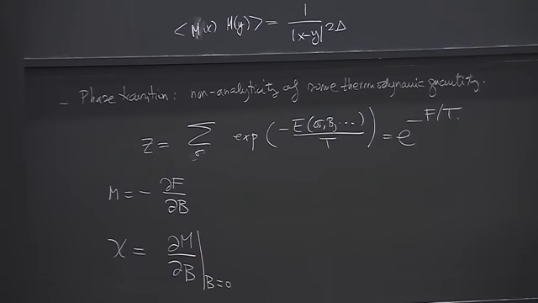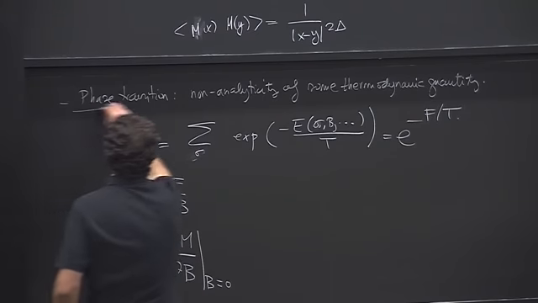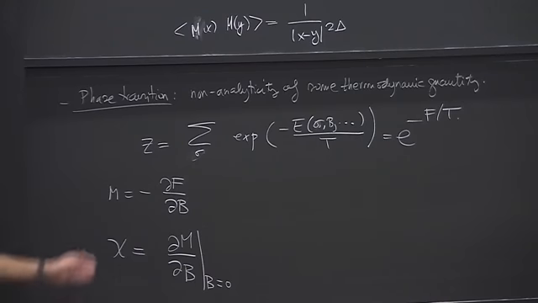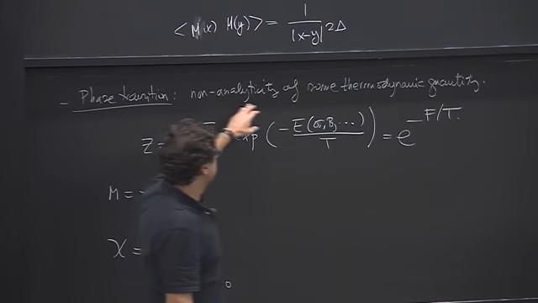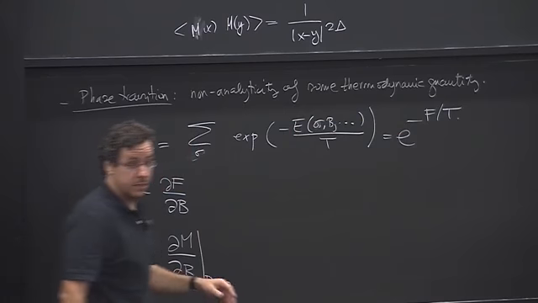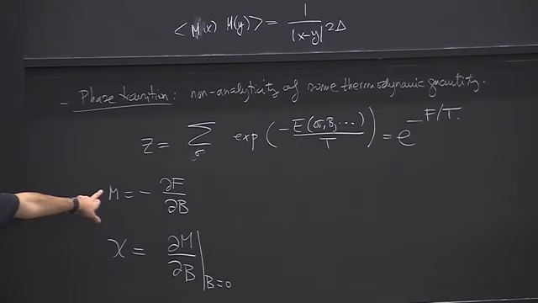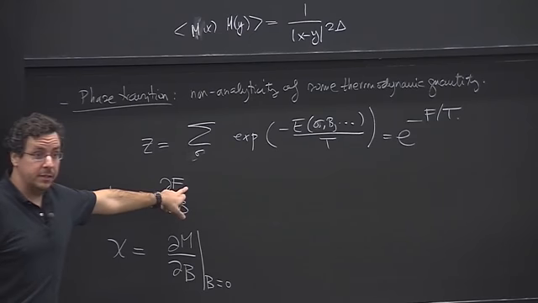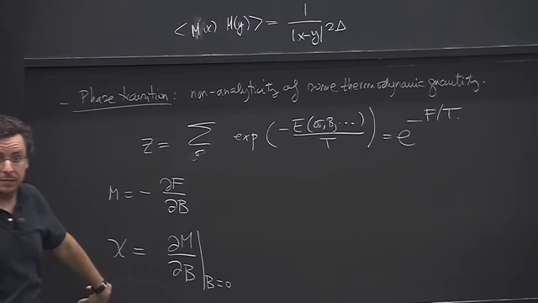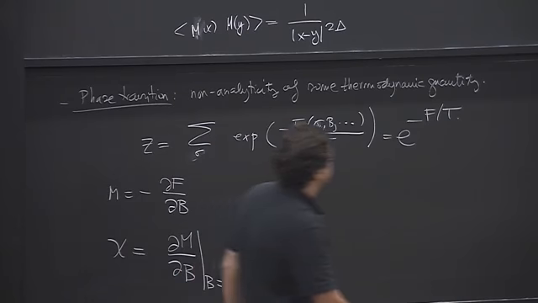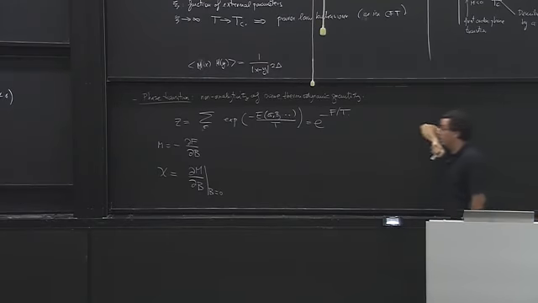And essentially, the different types of phase transitions you can have tell you whether the singularity or non-analyticity in the thermodynamic quantity happens in a quantity which is obtained from the first derivative or the second derivative of the free energy. So the first order phase transitions I was talking about here that go across this wavy line give you discontinuity in the magnetization, which is the first derivative of the free energy.